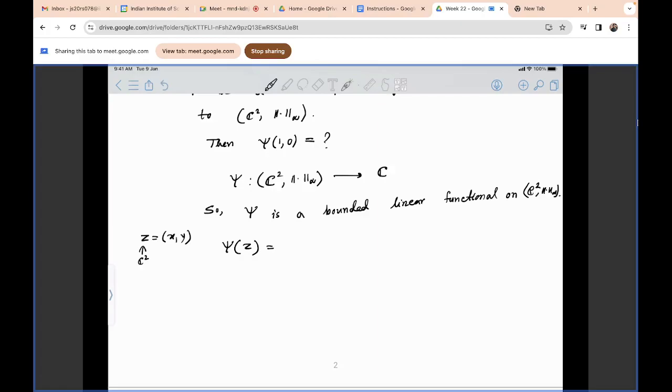It has two basis vectors, let u1 equal (1, 0).